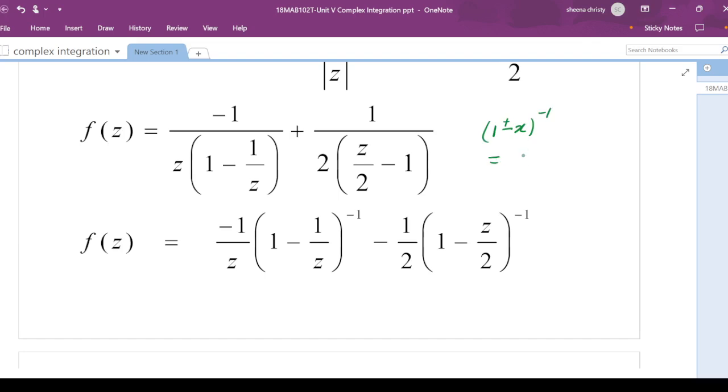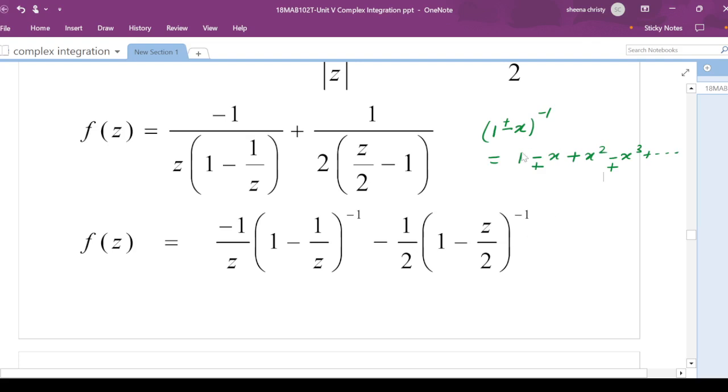So this is going to be 1 - x + x² - x³, etc., if it is positive. If you have (1 - x) to the power -1, all terms are going to be positive. To make it in this 1 - x format, I am taking the minus sign outside. That gives you -1/2 in the second term into (1 - z/2) to the power -1.